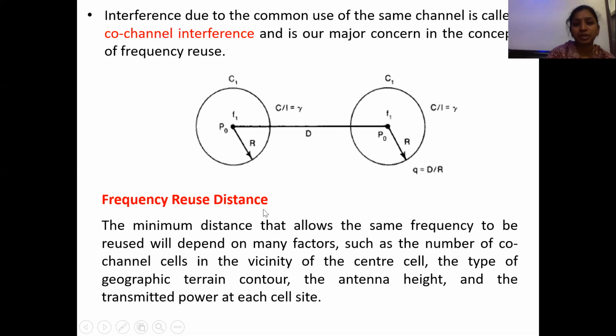The frequency reuse distance is the minimum distance that allows the same frequency to be reused. It will depend on many factors, such as the number of co-channel cells in the vicinity of the center cell, the type of geographical terrain contour, the antenna height, and the transmitted power at each cell site. All these we have to take into account for maintaining the minimum distance between reuses of the same frequency.